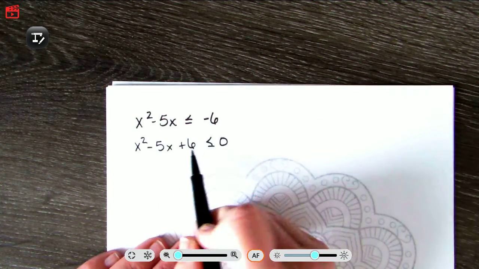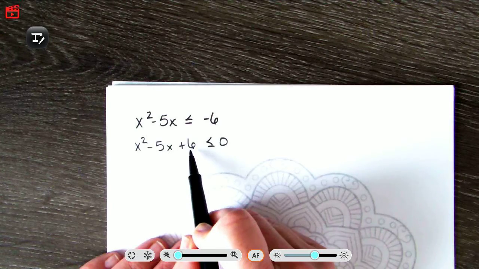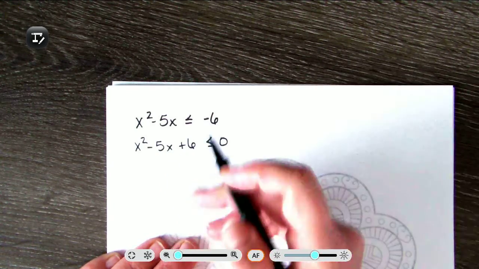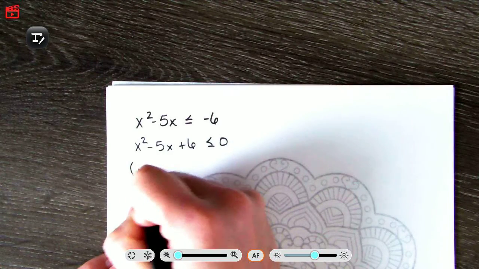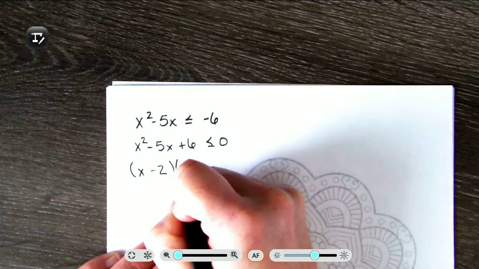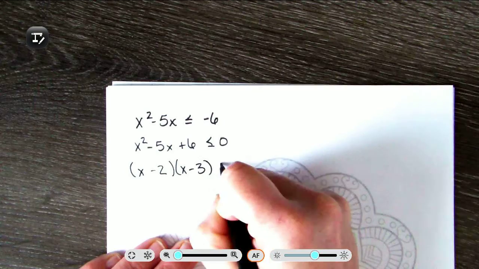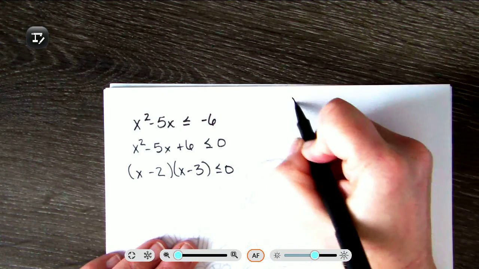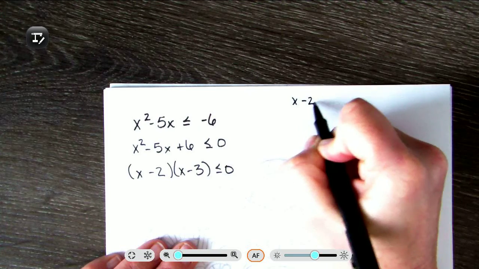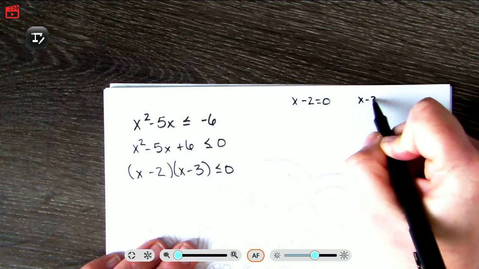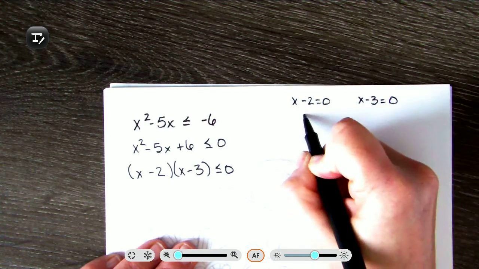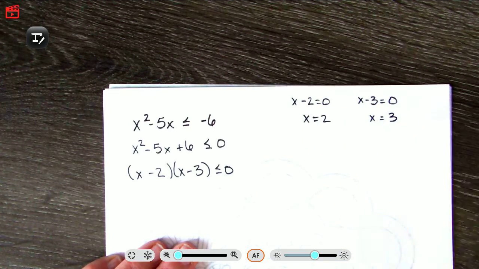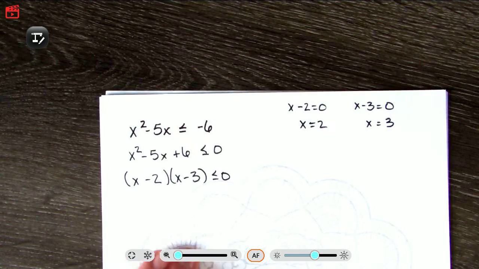And this one does factor, so two numbers that multiply together to give me a positive 6, that add together to give me a negative 5, is x minus 2 and x minus 3. Setting each of these equal to 0, x minus 2 equals 0, x minus 3 equals 0, adding 2, adding 3, x is equal to 2 and x is equal to 3.